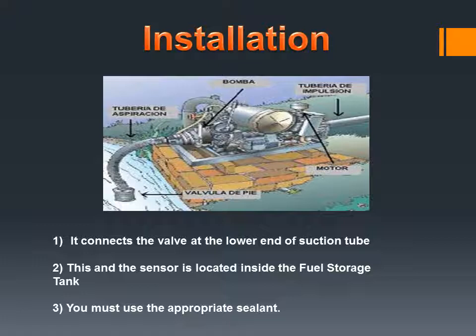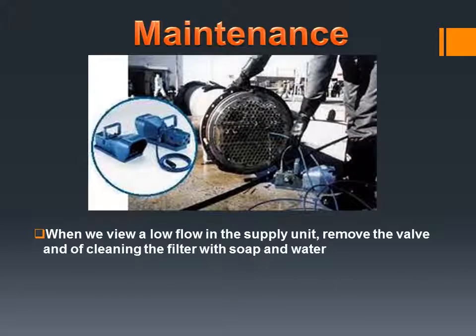Installation: it connects the valve at the lower end of the suction tube. The sensor is located inside the full storm tank. You must use the appropriate sealant. Maintenance: when we see a low flow in the supply unit, remove the valve and clean the filter with soap and water.